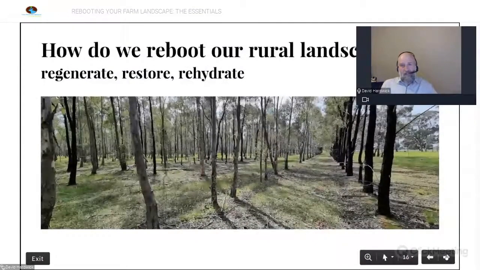So I guess the big challenge, when we're talking about a rural landscape and those four components, is how do we reboot it? Now, I use the term reboot, but you could feel free to use the term regenerate, which is obviously a popular term now, restore, or rehydrate, which is a very specific aspect of restoring rural landscapes to do with the water cycle.